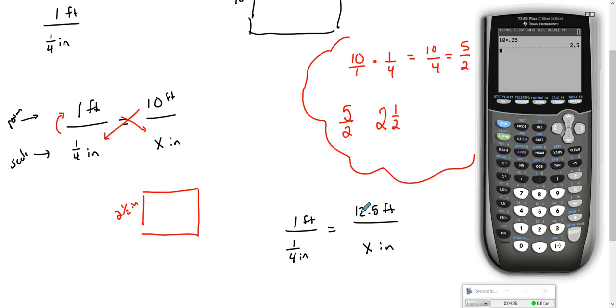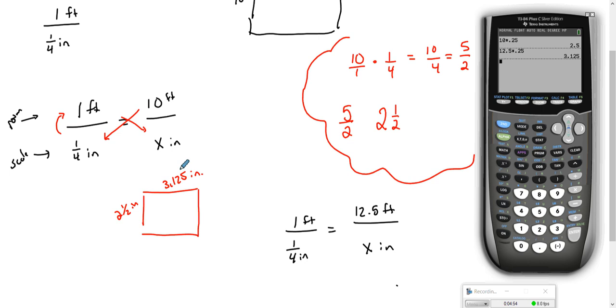Since this one is a decimal, I'm definitely going to use my calculator for this. 12.5 times 0.25 is 3.125. Divide by 1 doesn't change it, so I get my final answer: 3.125 inches. If you want to get those both the same, that would be a good idea.